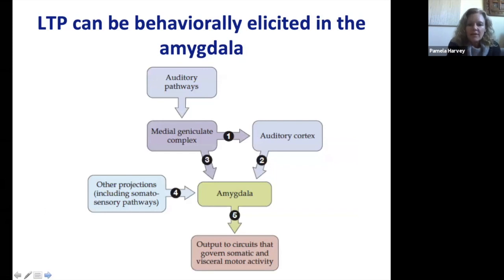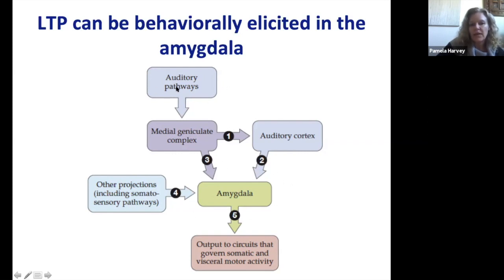So the pathway that has been proposed for being responsible for associating, say, sound with fear, and then transferring that fear of the sound to something else, involves various areas of the brain, including the amygdala, and they all converge onto the amygdala.